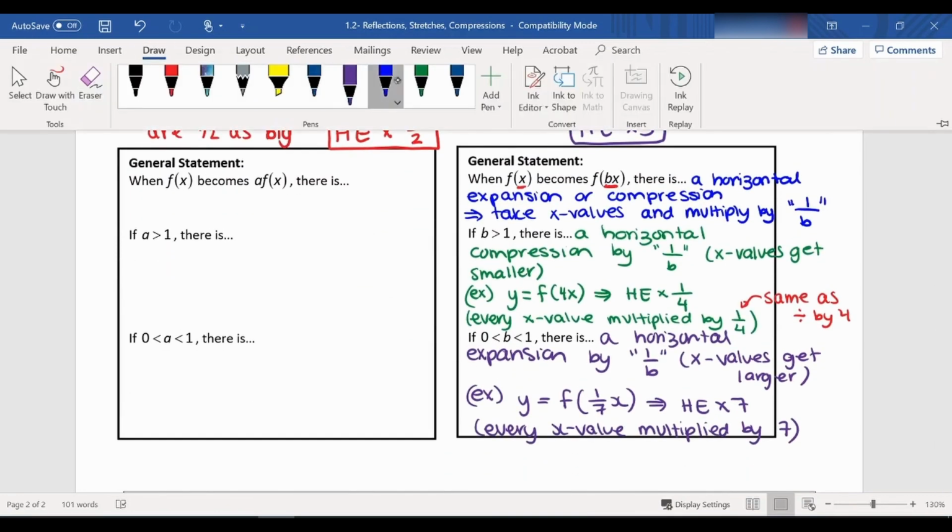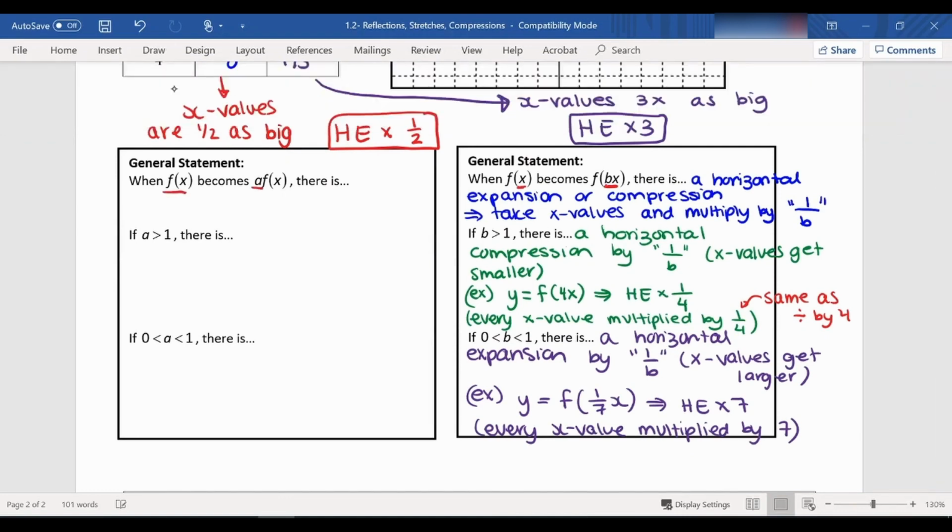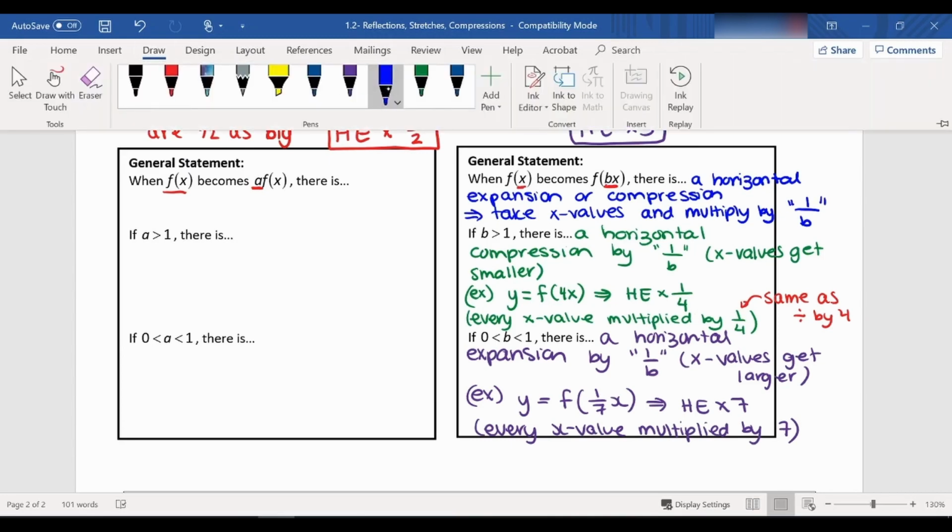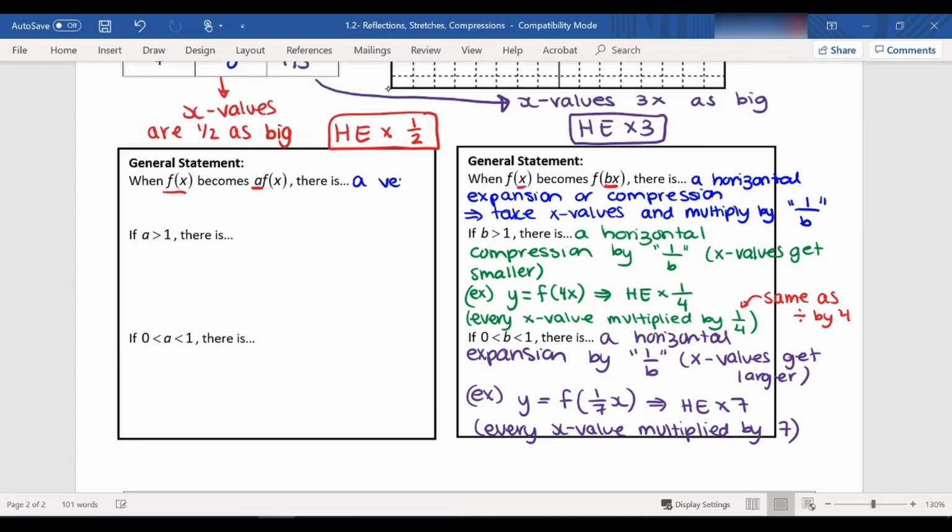So next we'll take a look at what happens if f of x becomes a f of x. So you have a number in front of the whole function. And this one is going to be a vertical expansion or compression. Okay.